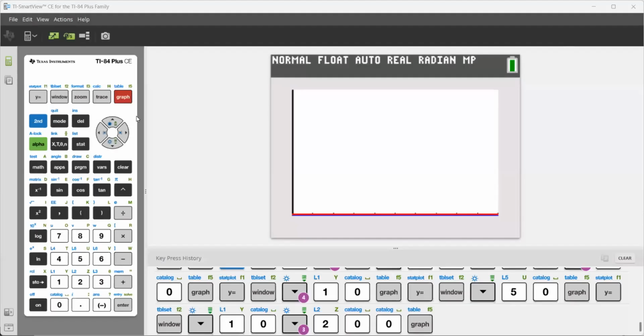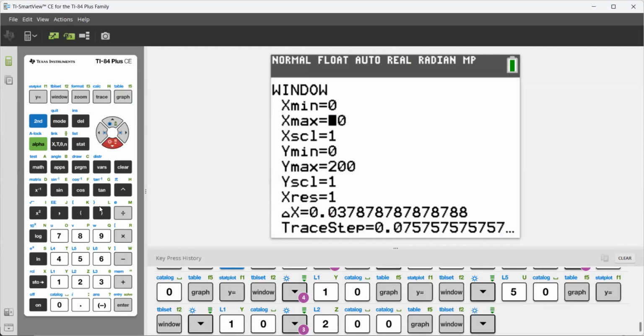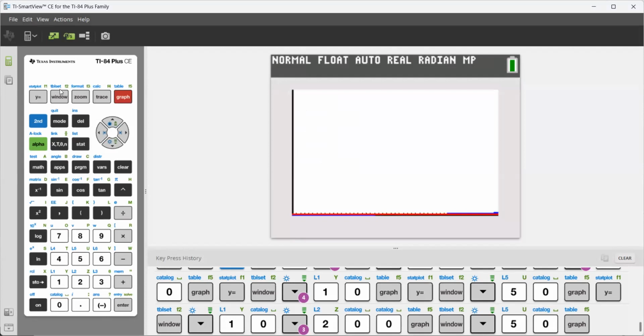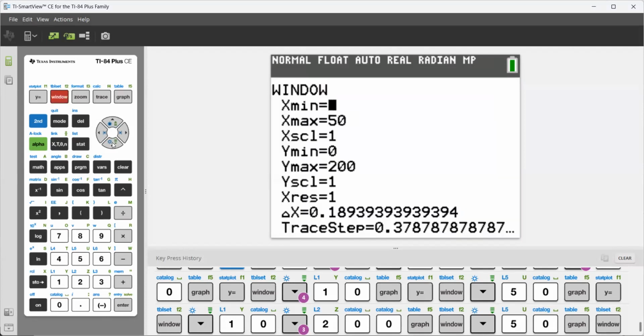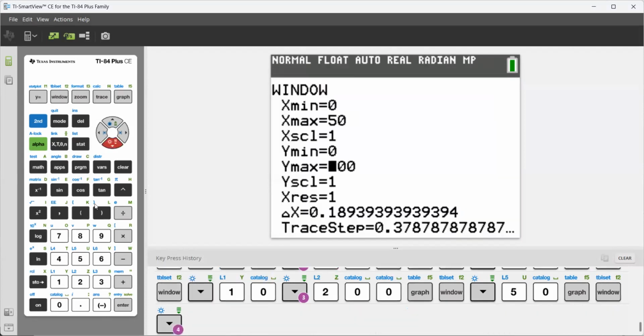So I'm going to try to just fix my window. I know I got the value, but I'm just going to see if I can fix the window. Looking at how it's set up, I'm just going to do 0 to 50 here and see what I have. Okay, it's still down. No, I think the problem is my y. The y is too big because I decreased the y so much. So I'm going to do 0 to 20.